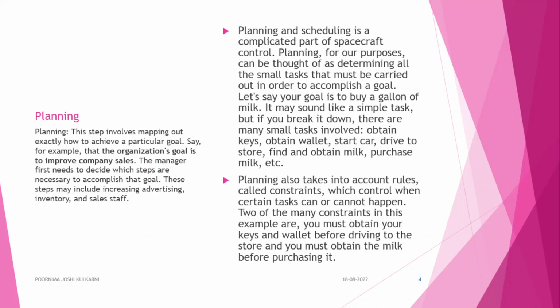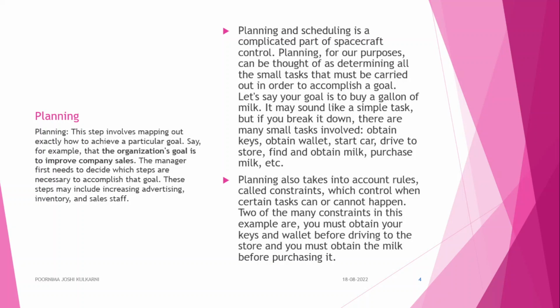Planning also takes into account rules called constraints. Constraints means limitations. We have limitations in achieving any goal if we have constraints. Constraints are limitations or restrictions which control when certain tasks can or cannot happen.